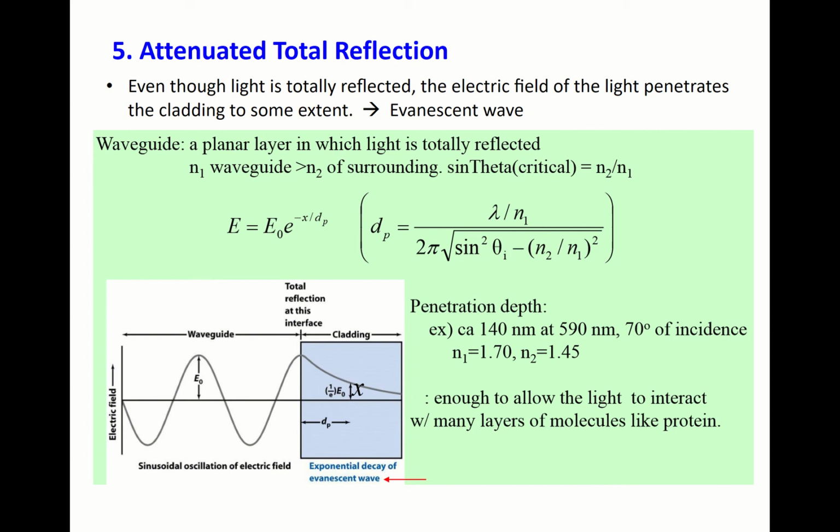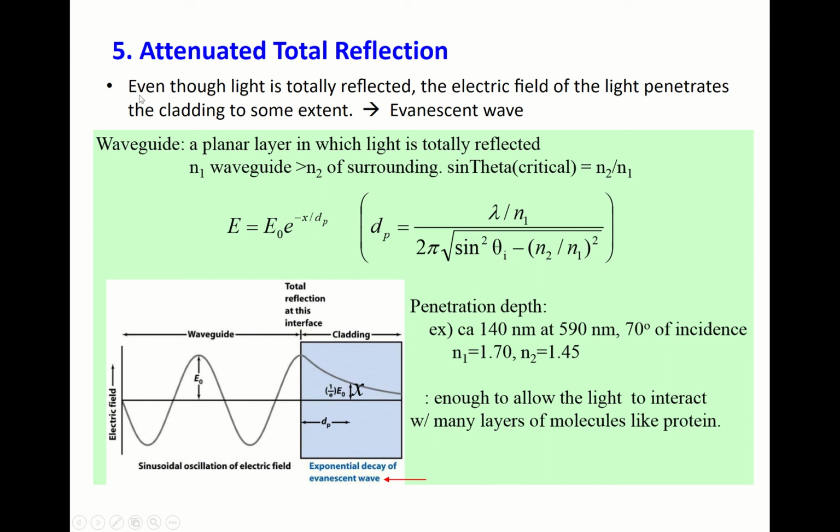But on close inspection of the phenomenon, people found that the totally reflected light intensity is a little bit, although very small, attenuated. A little bit of attenuation means decrease, weakened.